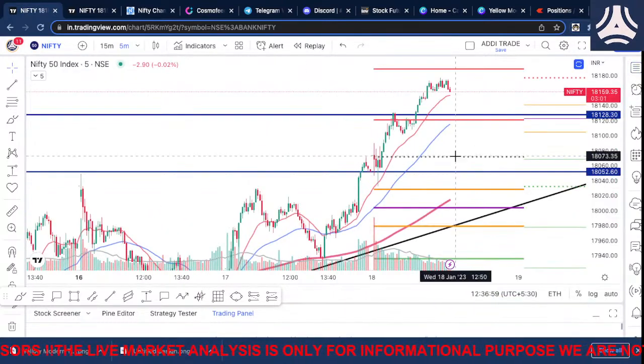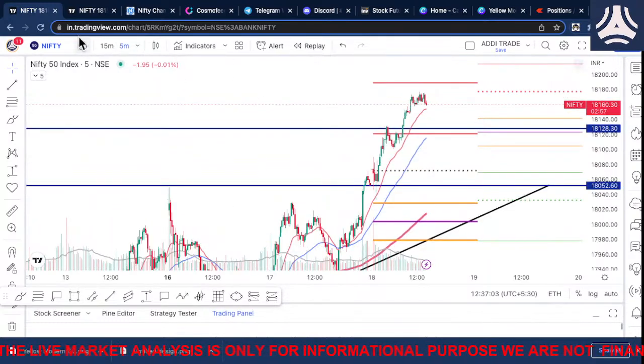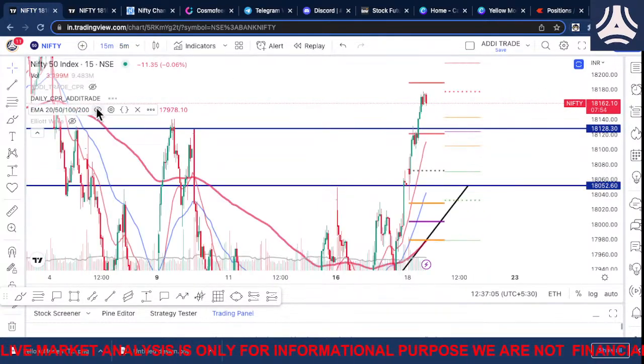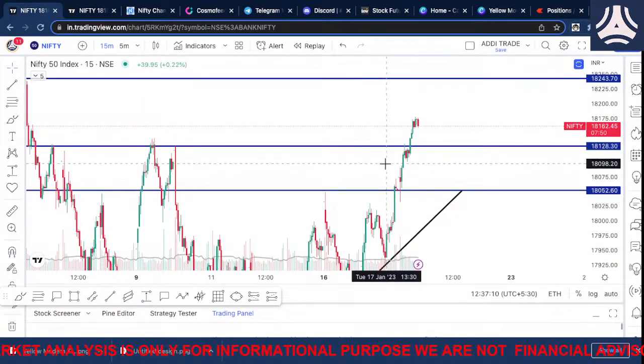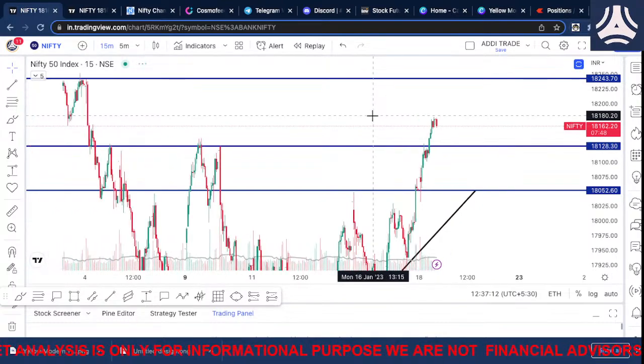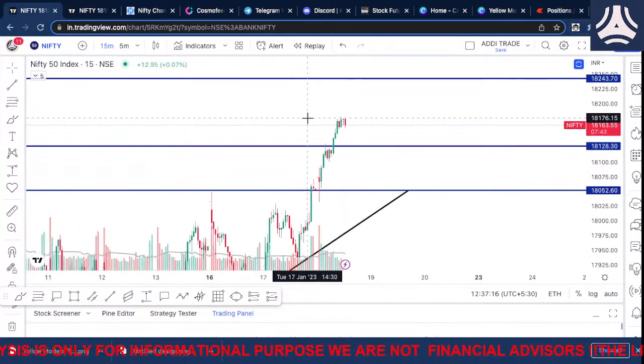Nifty, see, Nifty has broken out this resistance and it's taking pressure at this level, though we don't have any significant price action resistance here.